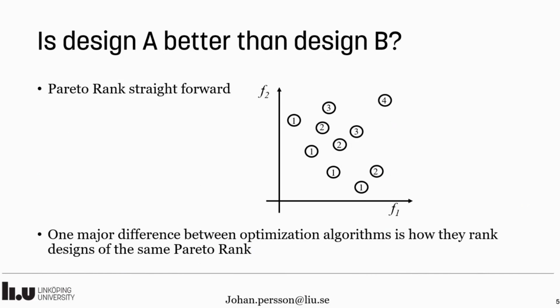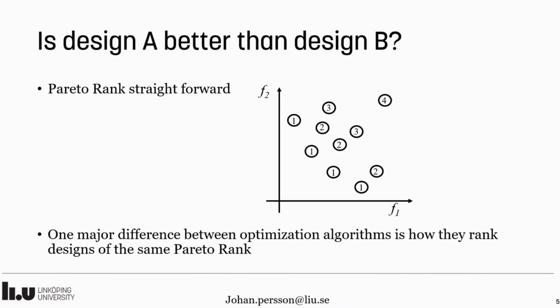So is design A better than design B? This is crucial for the optimization algorithms to know, whether a design is good or bad, and to rank the designs. First and foremost, almost all multi-objective optimization algorithms will first try to rank all the points according to Pareto ranks.